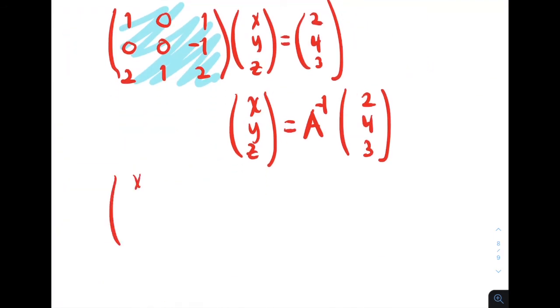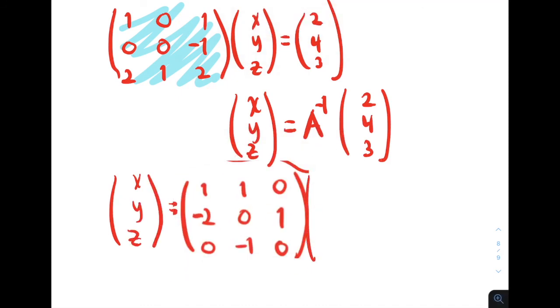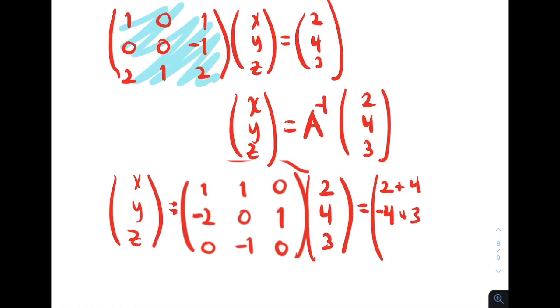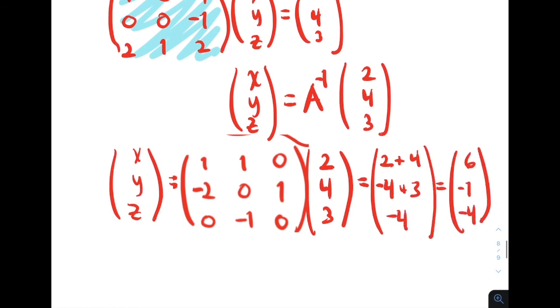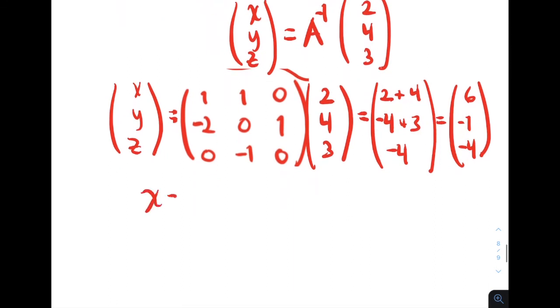Working this out, we will get that it's 2 plus 4, negative 4 plus 3, and negative 4. And then our final solution is that x equals 6, y equals negative 1, and z equals negative 4.